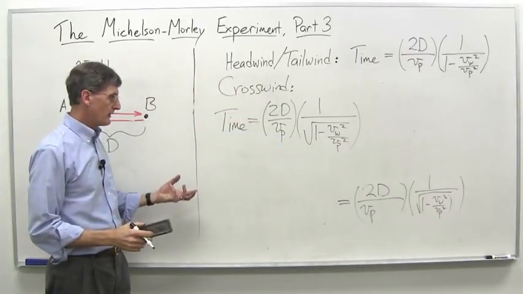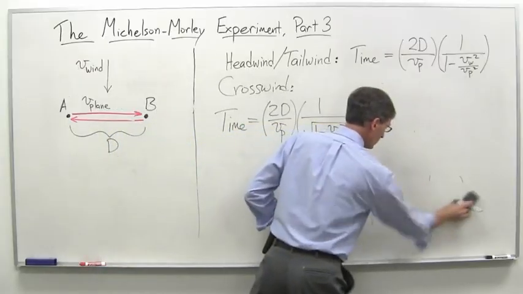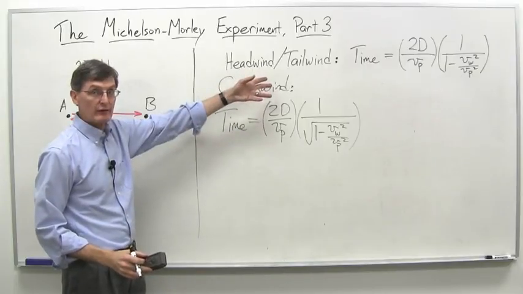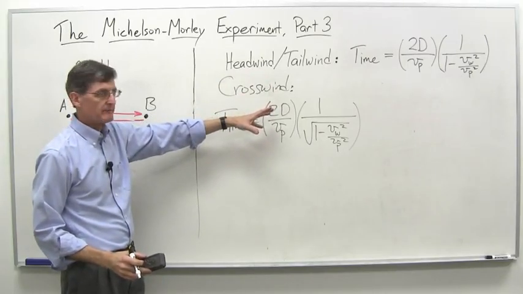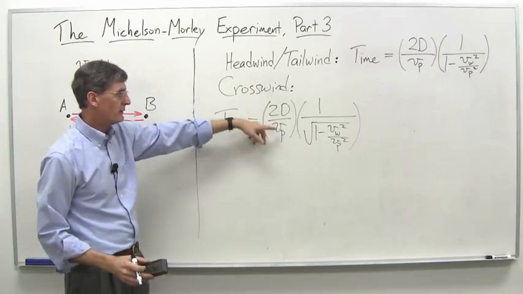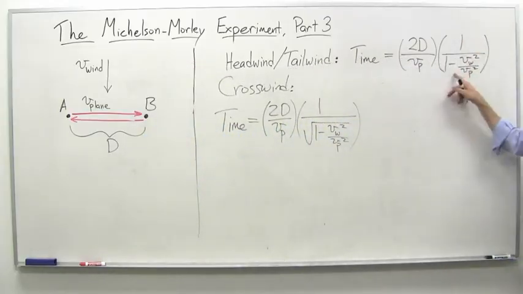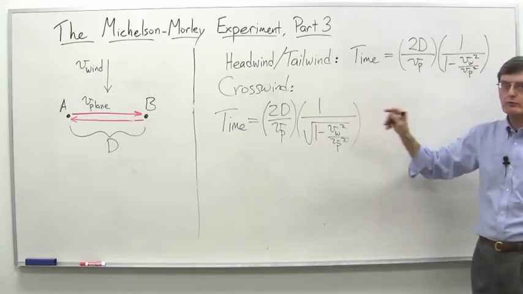And note something important here, something very interesting. This was the crosswind case. We earlier did the headwind tailwind case. They're slightly different. They both have the 2d over Vp factor in there. But note, in this case, it's 1 over the square root of 1 minus Vw squared over Vp squared. Here, same thing, but without the square root.